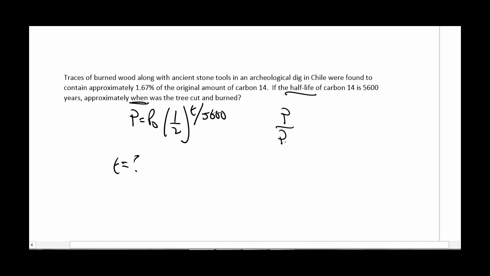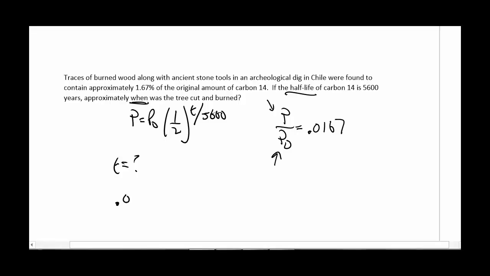So if you think about P over P naught, if there's more material at the beginning and less at the end, that's going to create some sort of fraction or decimal. That's actually what that 1.67% is. So they're telling us that P over P naught is 0.0167. So our job is, when P over P naught is 0.0167, what's T? How long ago did this event actually occur?